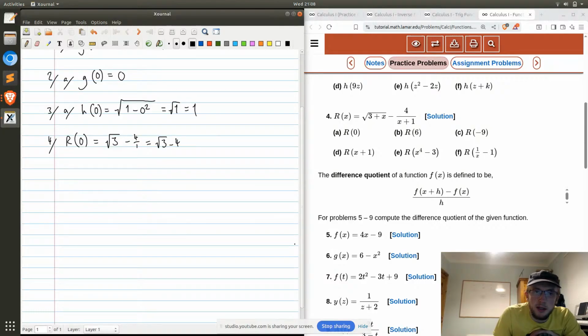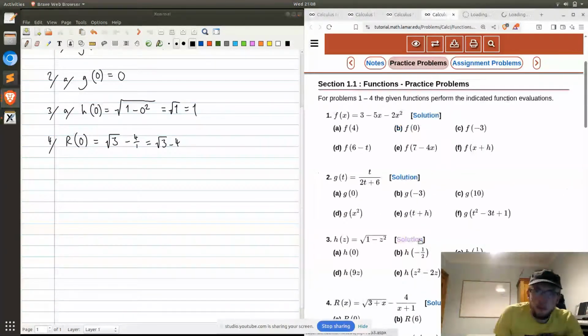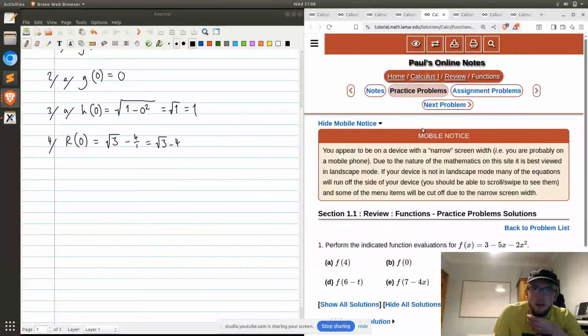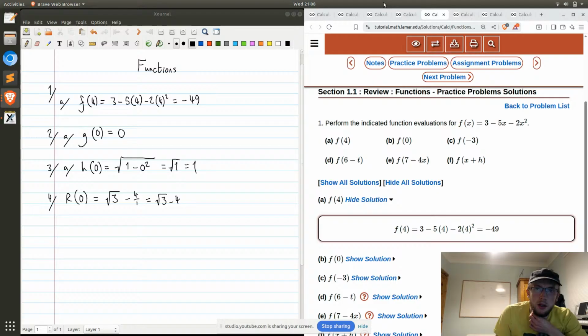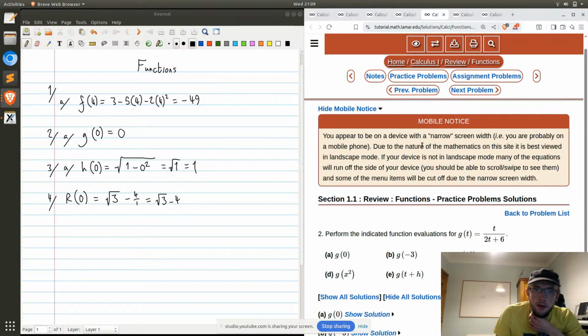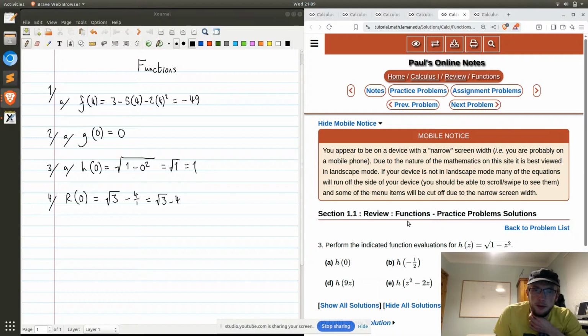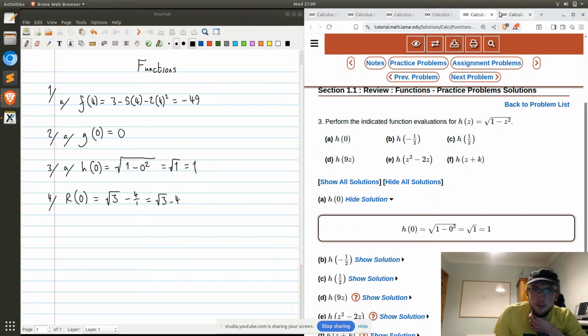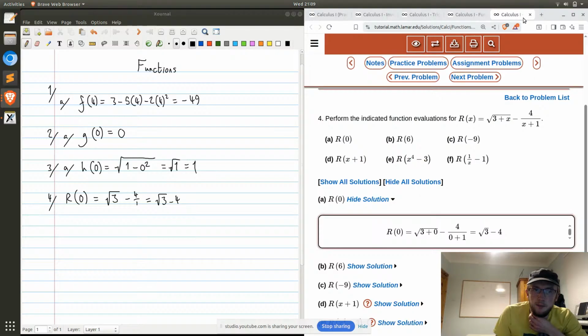Whatever that happens to be as a decimal. Check. Correct. Check. Correct. Check. Correct. Check. Correct.